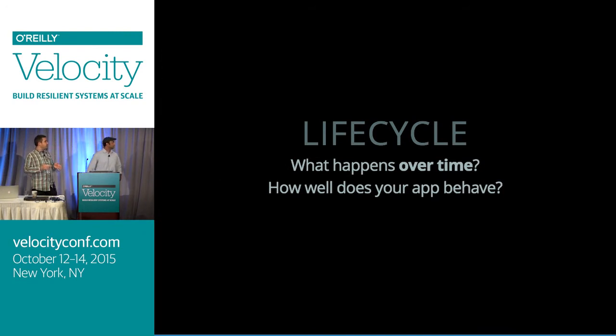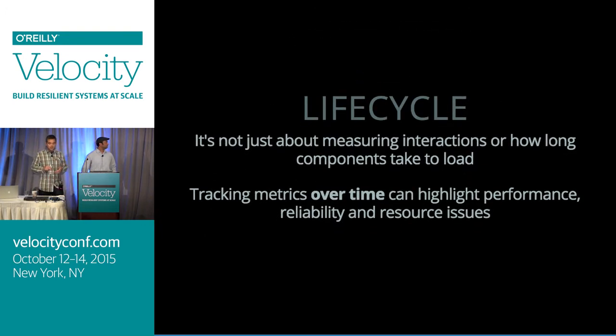The other very important aspect of single-page apps is the life cycle. What happens over time? With a traditional website, every time you're navigating, you're building a new page, you're starting fresh. With a single-page app, you're not. You're collecting all the cruft over time. And so it's very important to track a lot of these things over time and see how your app's behaving. You can track metrics that highlight performance or reliability or resource issues.